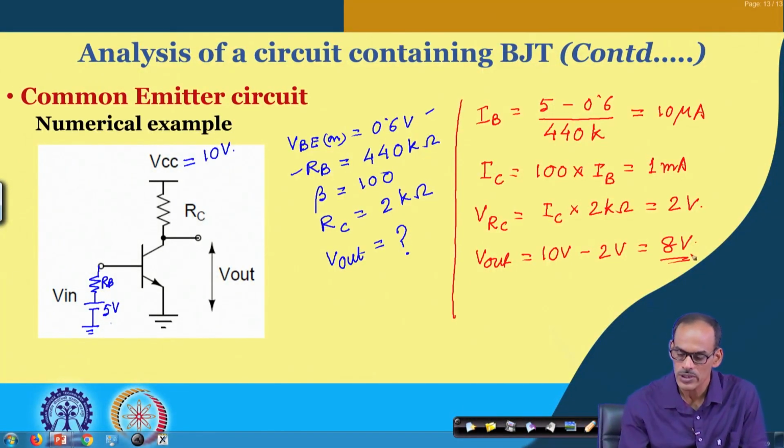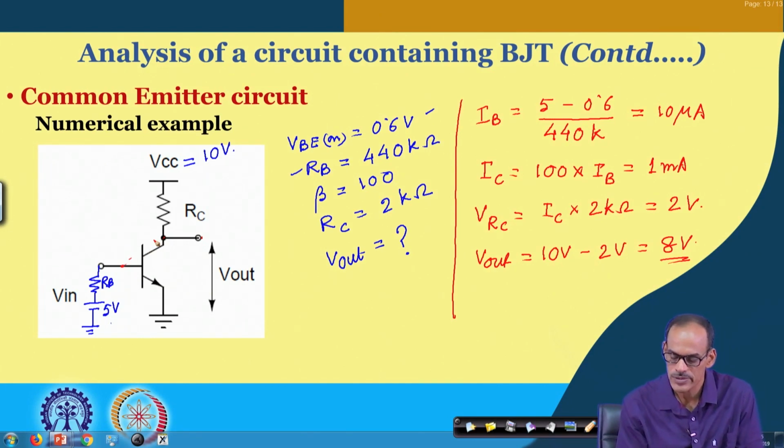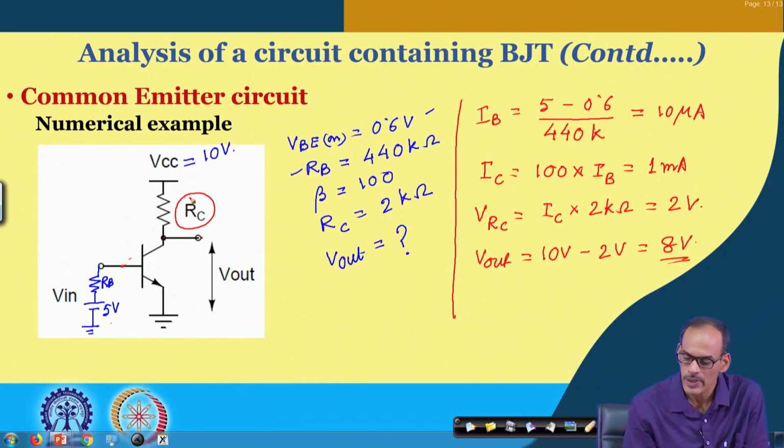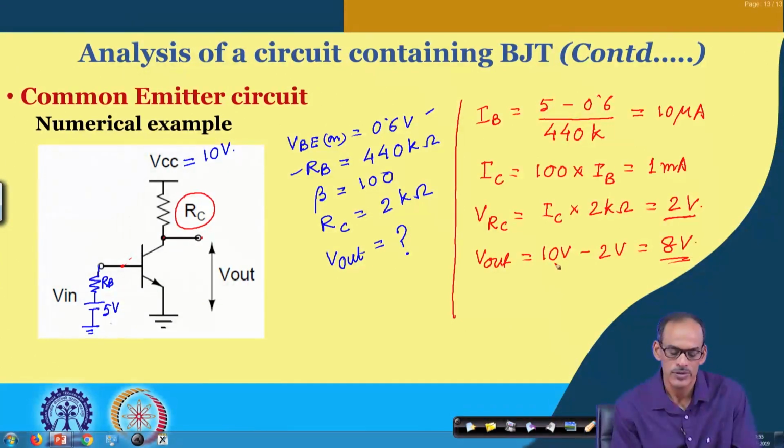Now, here we have assumed the device is in the active region, and since this is 8 volt and the voltage at the base is close to 0.6, the base to collector junction is definitely reverse biased, and hence the device is in the active region, and everything is consistent. But of course, if I increase this R c, and this drop approaches 10 volt, the device may enter into the saturation region.